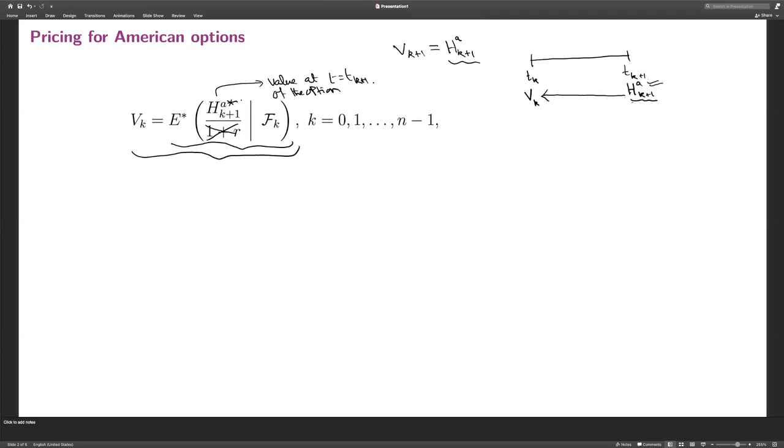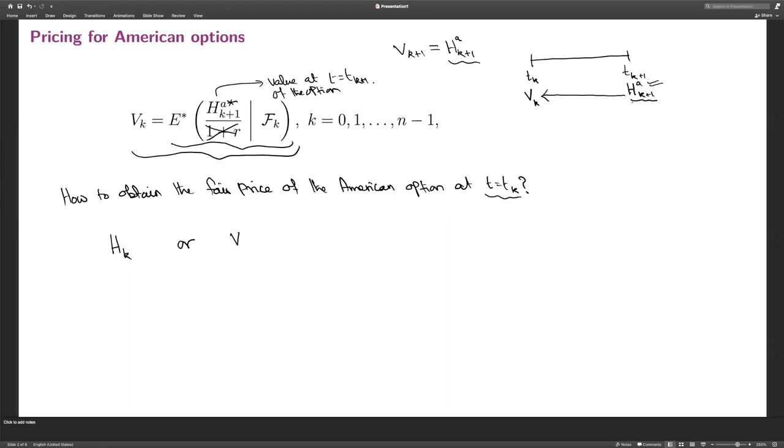So let's go on. Once you have this, let us see how to arrive at a fair price for the option at the time t equal to T_k. So we have to follow a kind of hedging strategy. Look at the writer's point of view. At the time t equal to T_k, the writer has to either pay the payoff, which is denoted by H_k, if the option is exercised, or he has to maintain the cash V_k in order to face the situations at the later time level t equal to T_{k+1}.